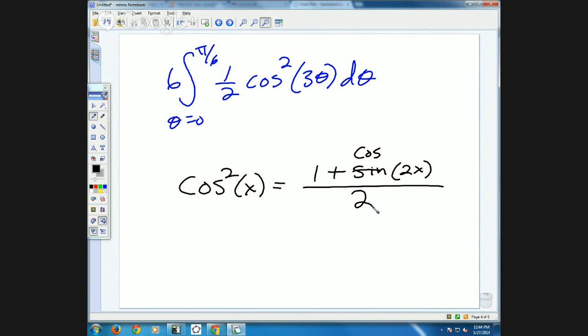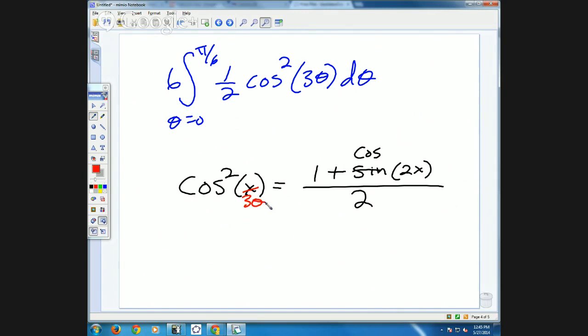Can I see a trig cheat sheet just to double check that? Did I write that correctly? Cosine squared is 1 plus the cosine of 2x, all over 2. Yeah, that's right. Okay, so we don't have an x here. What do we have? We have a 3 theta, so we're just going to replace x with 3 theta.